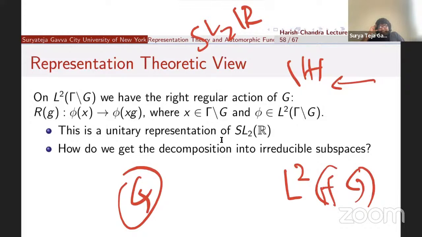Yeah. I had this question. Since I'm interested in the subgroups which are more general than the modular group, what are the kind of objects they are parameterizing, and what sort of functional analysis comes into play?